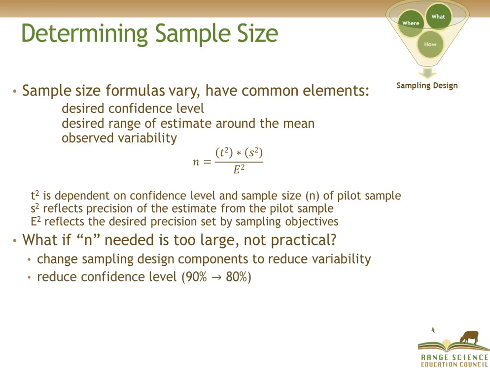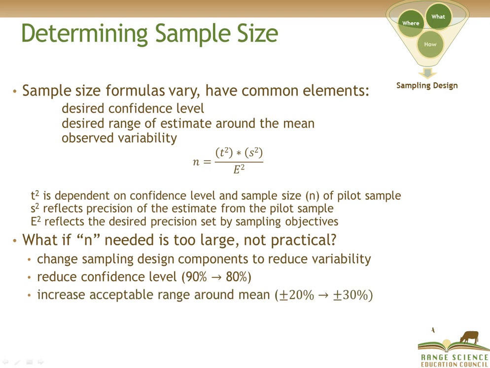We could also decide that we don't need to be as confident in our estimate. We could reduce the confidence level, for example, from 90% to 80%, and that would essentially reduce the value of the t-squared component of this equation, and that would reduce the required sample size n.